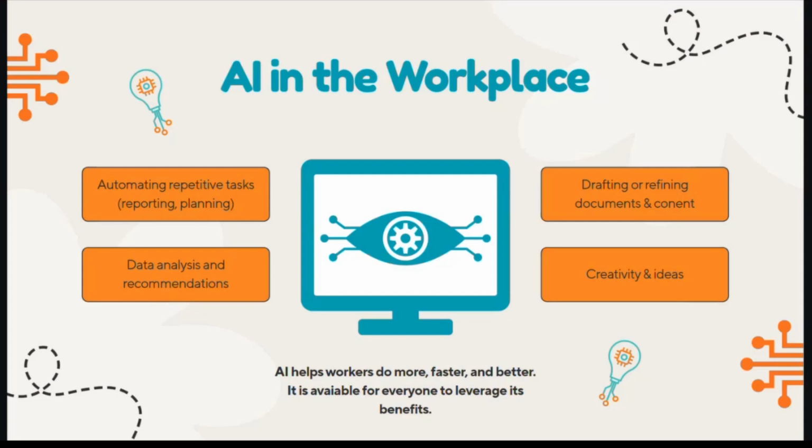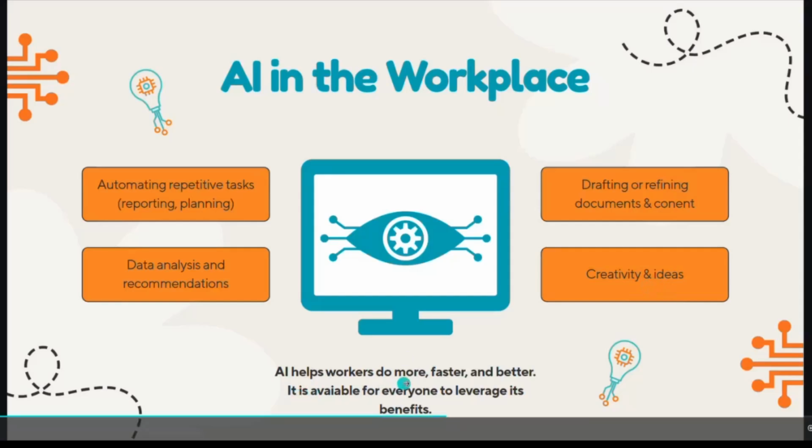You can put spreadsheets in and you can ask it to do an analysis, providing you give it very specific instructions of what you need, and you can engage with it for creativity and ideas. So AI helps workers do more faster and better. It's available for everybody to leverage its benefits.